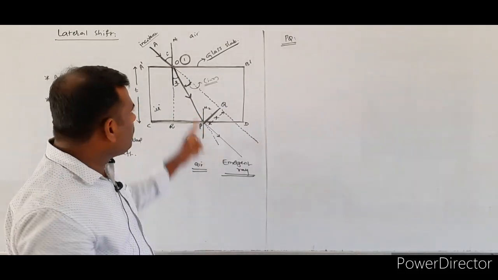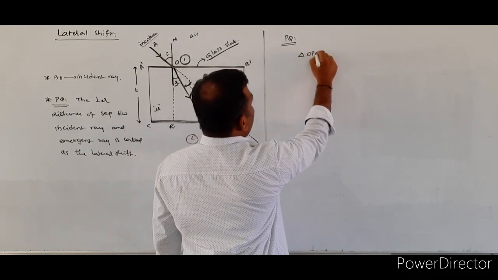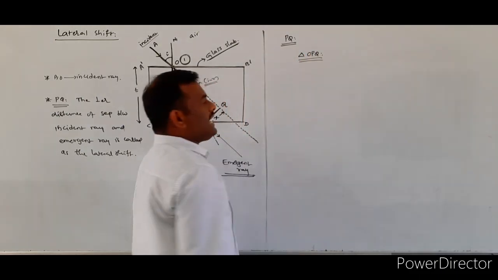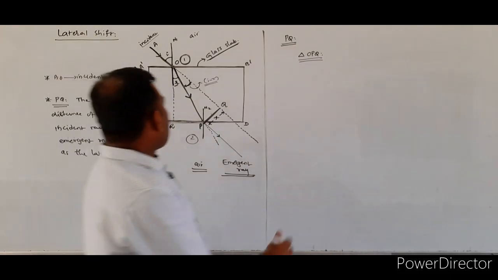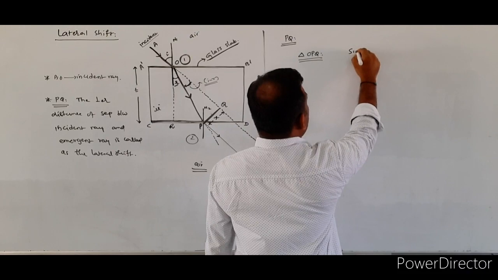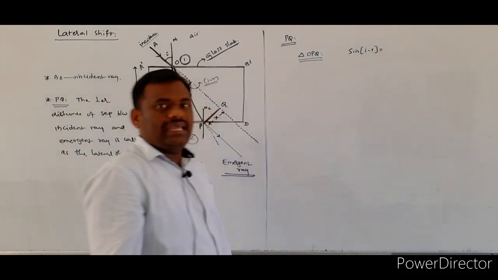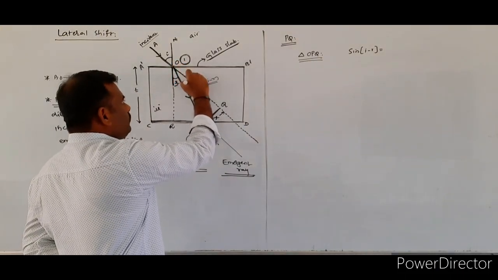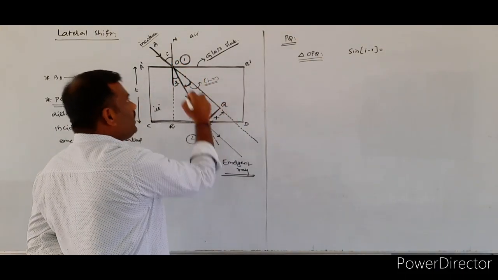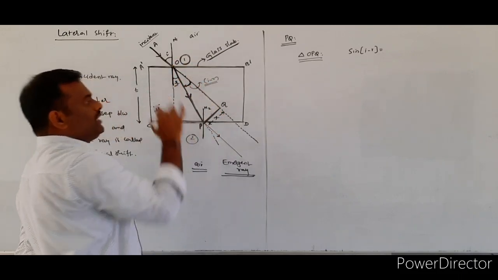Which triangle do I consider here? Triangle OPQ. From triangle OPQ, I take sin of i minus r. For triangle OPQ, O2P is the hypotenuse.